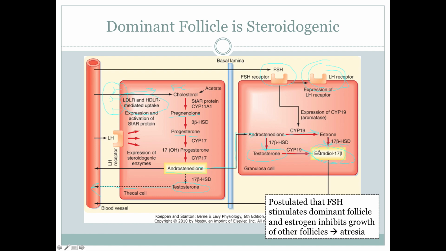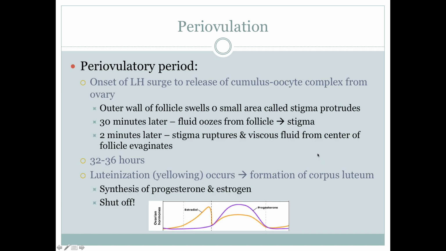All right, so it's also postulated that not only does the dominant follicle have the most receptors, growing the biggest, but it also inhibits the growth of the other follicles by kind of sucking up all their FSH and then eventually killing them through this atresia-controlled apoptotic process.